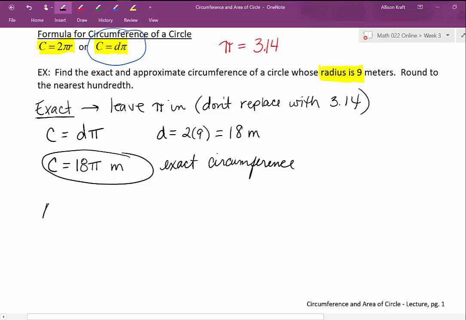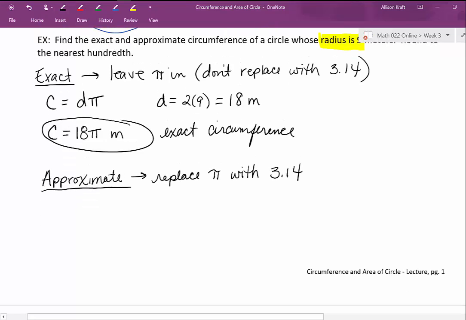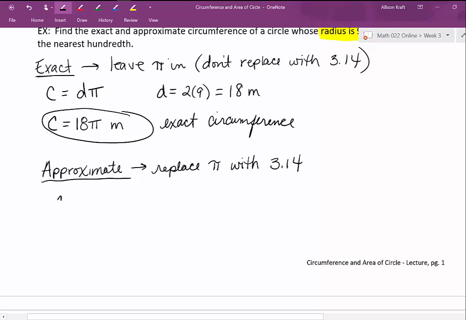To find the approximate circumference, we are going to replace pi with 3.14 and then round to the nearest hundredth as the directions told us to. We know that the circumference is 18 pi from the first part.